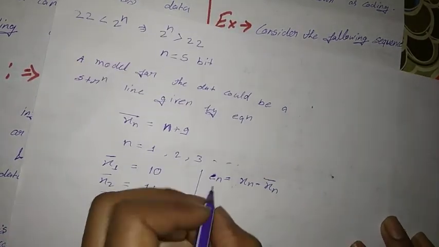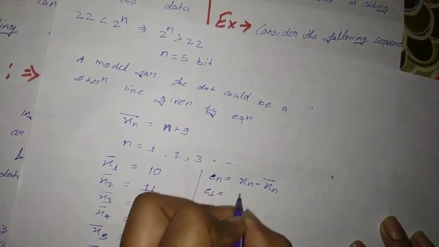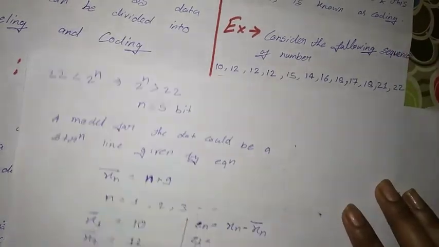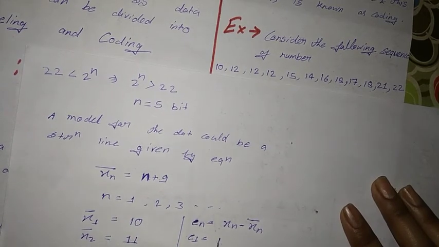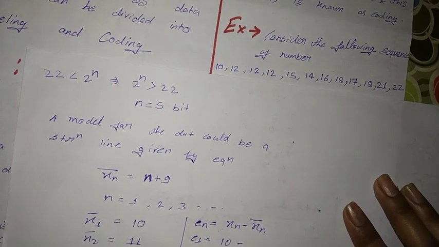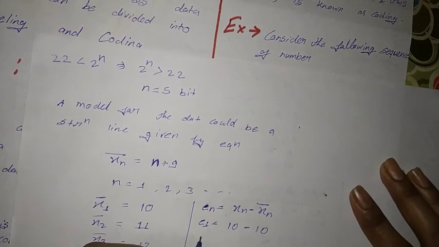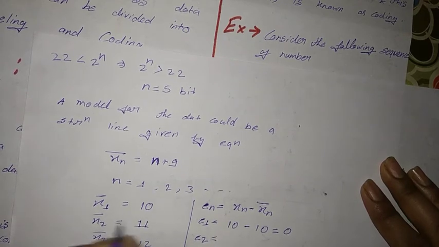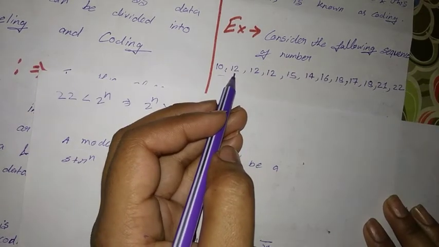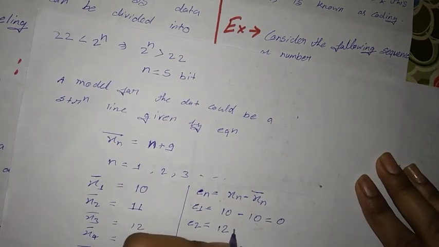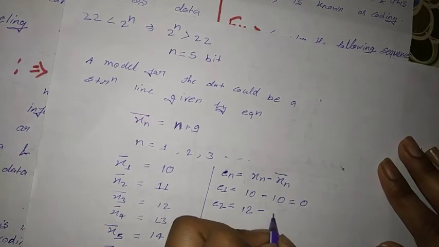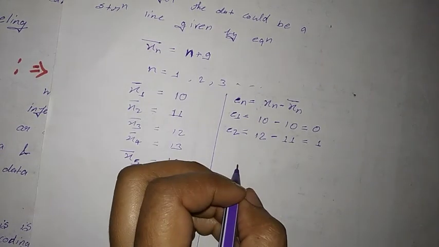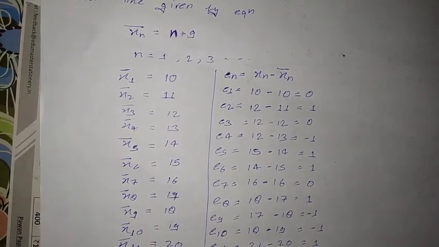So e1 equals x1, which is 10, minus x1 bar, which is 10, so this is 0. e2 equals x2, which is 12, minus x2 bar, which is 11, so this is 1. In a similar way we find all the values of en.